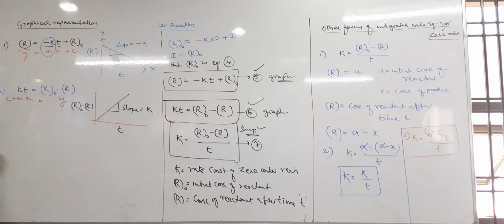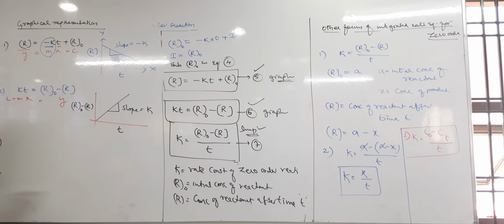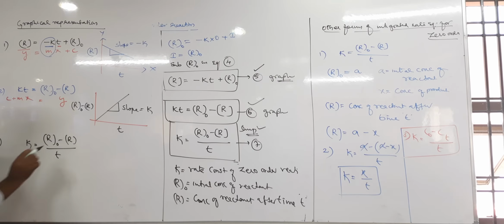Next, third one. A graph is plotted for the seventh equation also, where the seventh equation is K equal to R naught minus R by t. Come on, tell me. Now it is nothing but you will get the same equation.